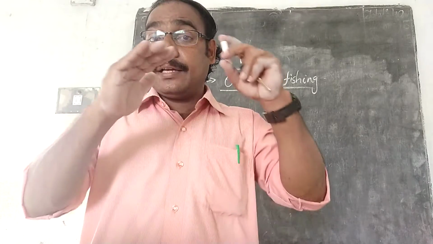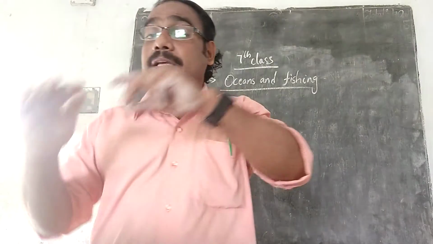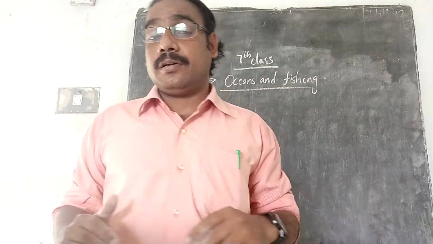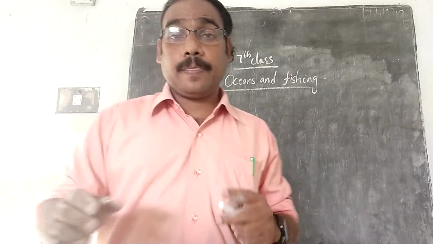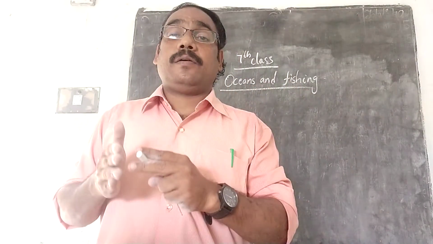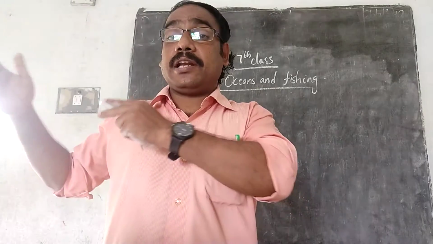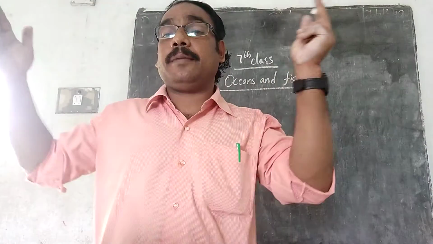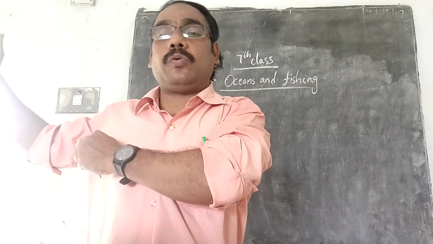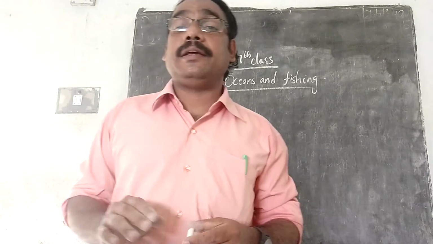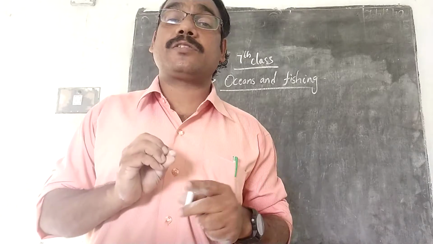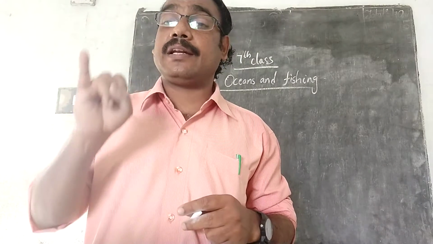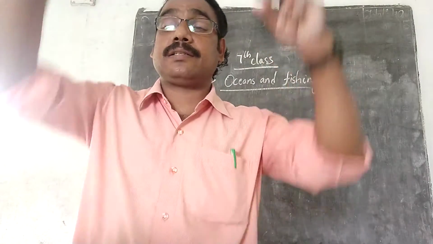Tides means a rhythmic rise and fall of seawater. Currents means, as I told you, the water moves like big streams constantly in one direction. It is known as currents. These are the three main movements of ocean: waves, tides and currents.